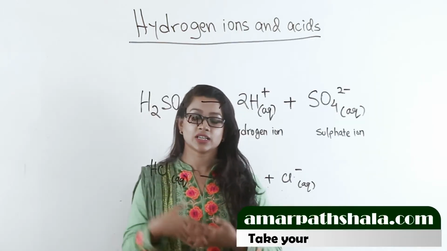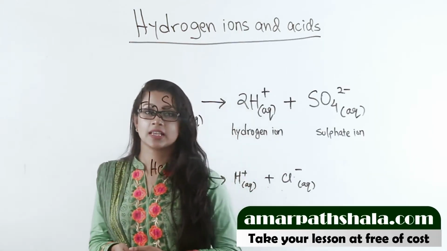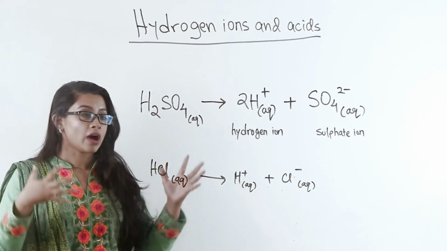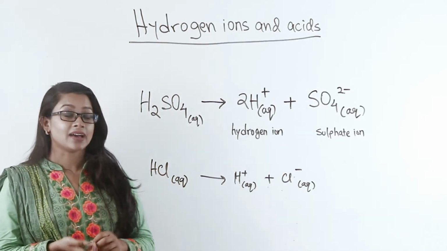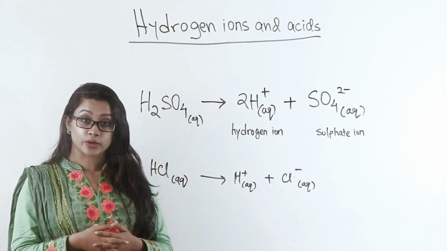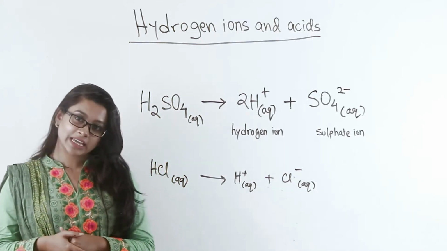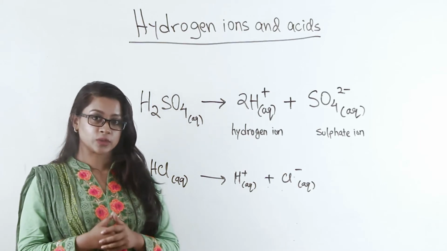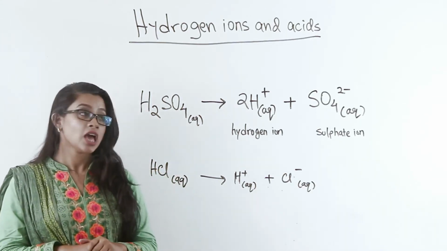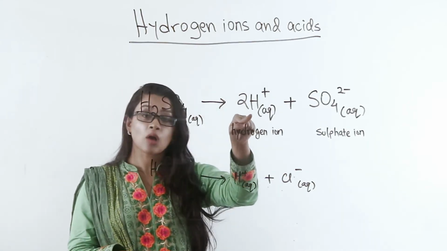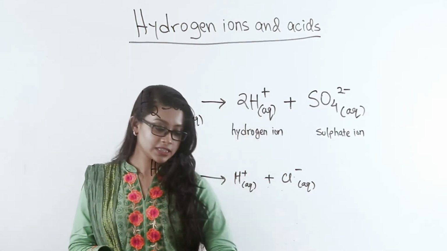So guys, in here you can see two equations that show you how hydrogen ions are released when acids are dissolved in water. In the case of sulfuric acid, when it is dissolved in water, hence the aq or aqueous sign, it forms two hydrogen ions and a sulfate ion.